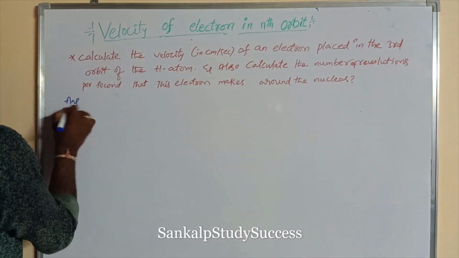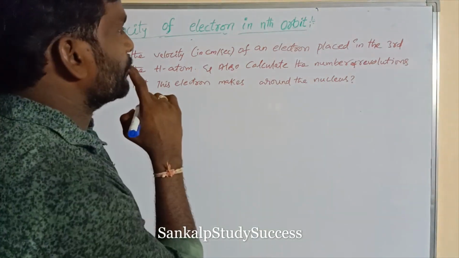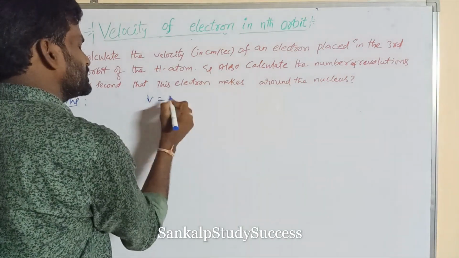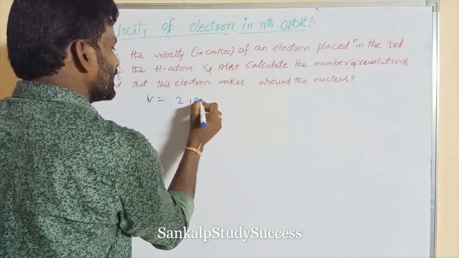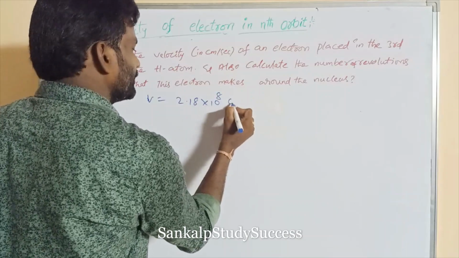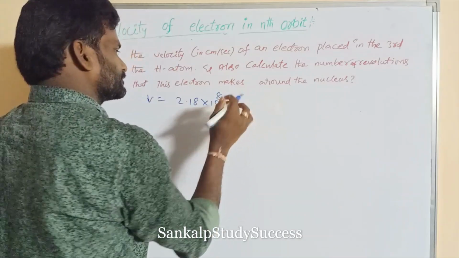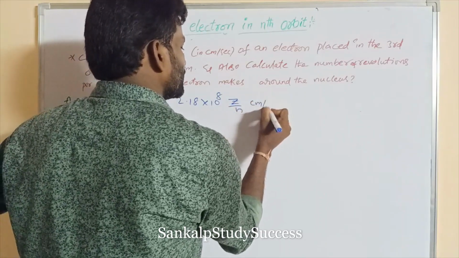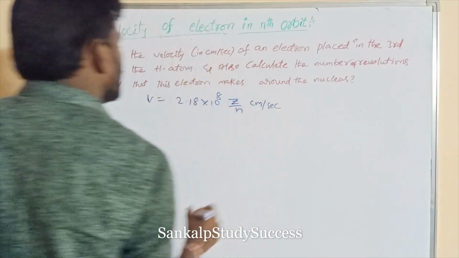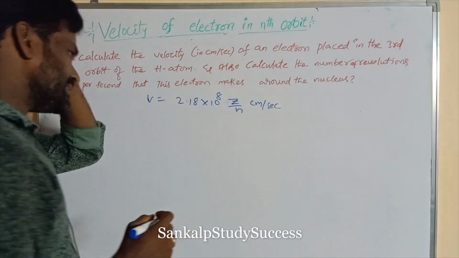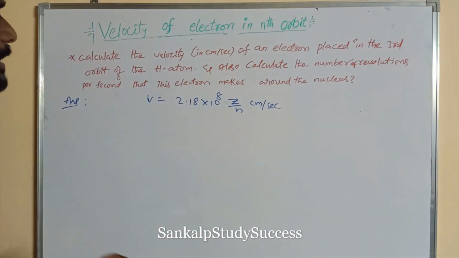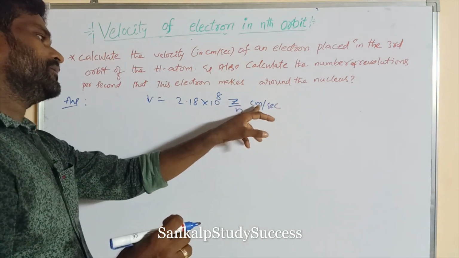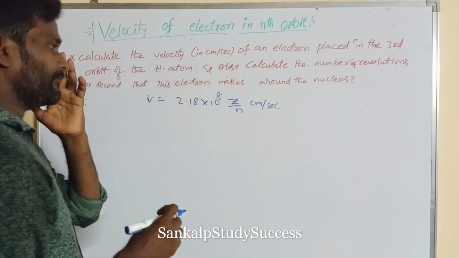First we find the velocity of the electron. v = 2.18 × 10^8 × Z/n centimeters per second. In meters per second it is 2.18 × 10^6, but in centimeters per second, 10^8.